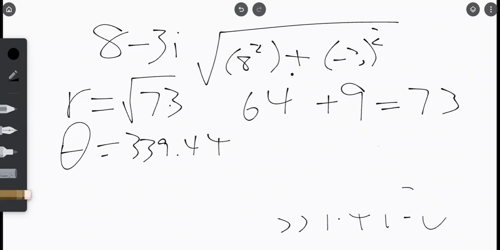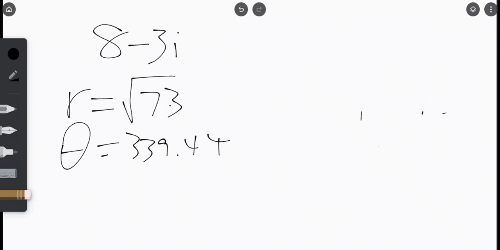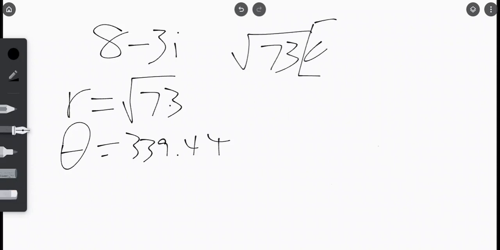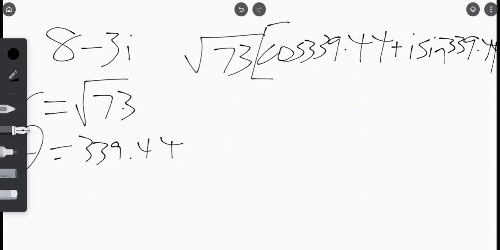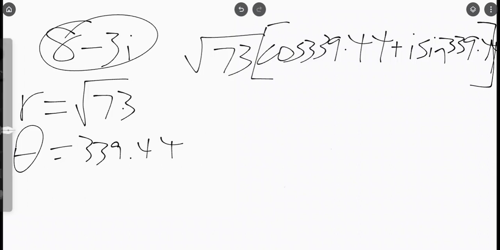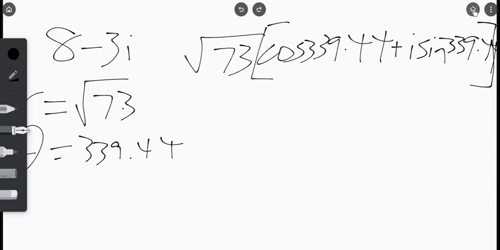Now let's finish this out by writing it in polar form. We have square root of 73 times cosine of 339.44 plus i sine 339.44. And just like that, we are done. We've written 8 minus 3i in this form.